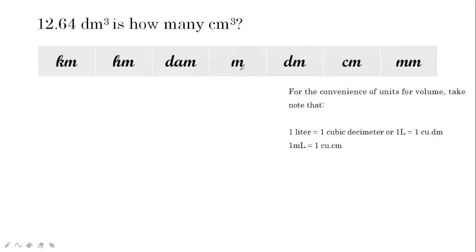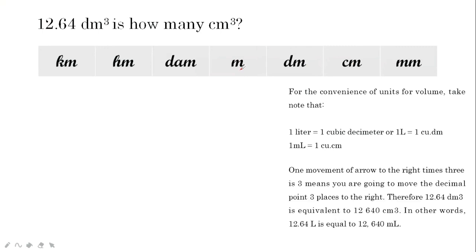Later, papakita ko. So, this one movement of arrow to the right times 3 is 3. Means you are going to move the decimal point 3 places to the right. So, ang 12.64, yan, diba? 12.64. So, dito tayo sa dm. And then, i-move daw natin siya sa cm. So, 1 move siya, diba?